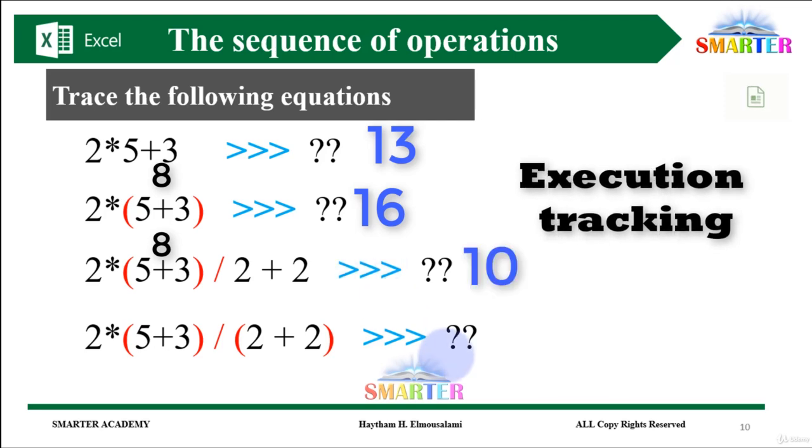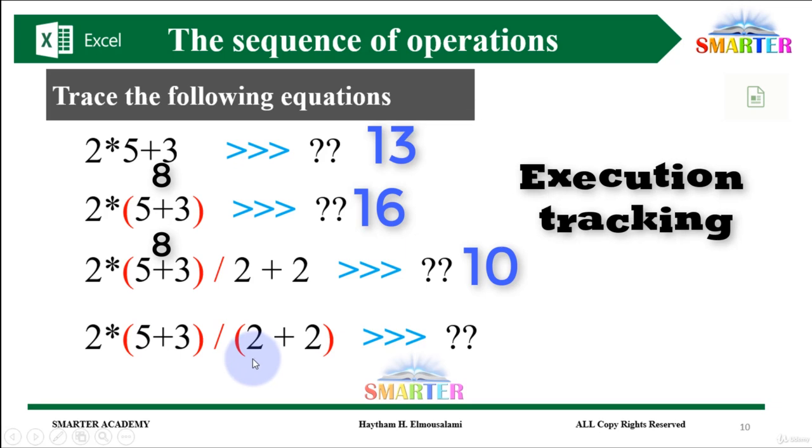The last example here, you have addition, multiplication, division, and 2 parentheses. So parentheses make priority for their operation. So the first operation executed here will be 5 plus 3, and the result will be 8 multiplied by 2, so the result will be 16.